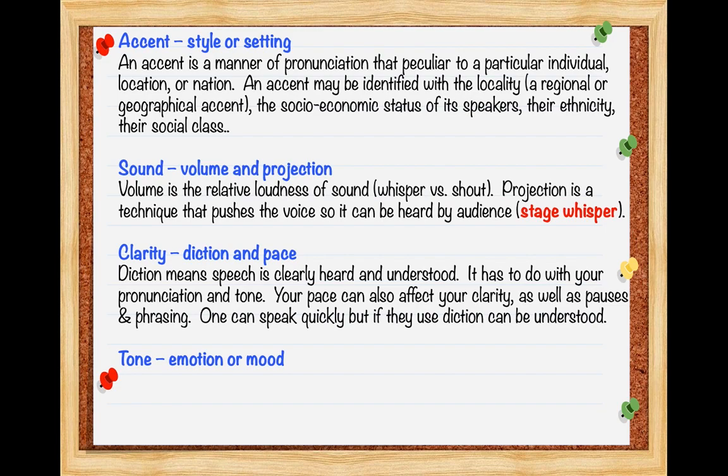And one thing to note is that diction really has nothing to do with the type of language that is being spoken, because you can speak regular Trini informal language as you would speak to your friends. It doesn't mean that you need to put on an accent, or that you need to speak standard English. All it means is that you need to pronounce your words properly.